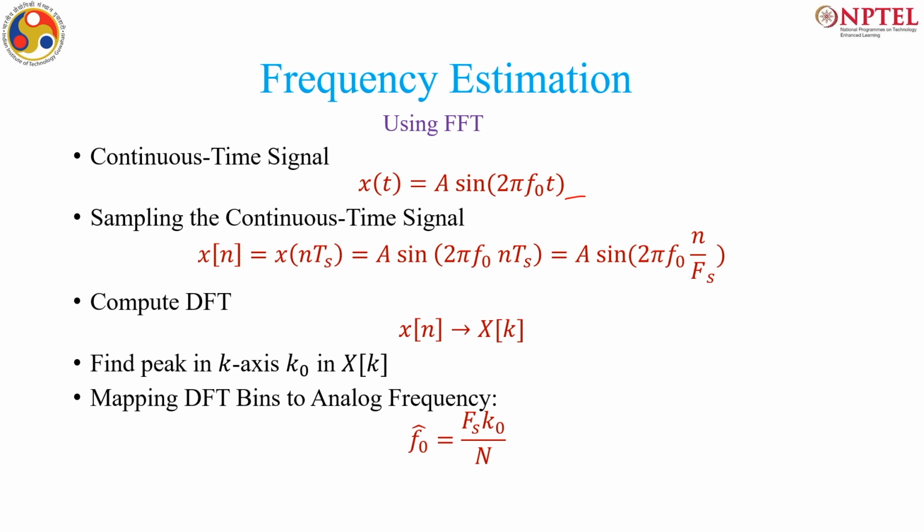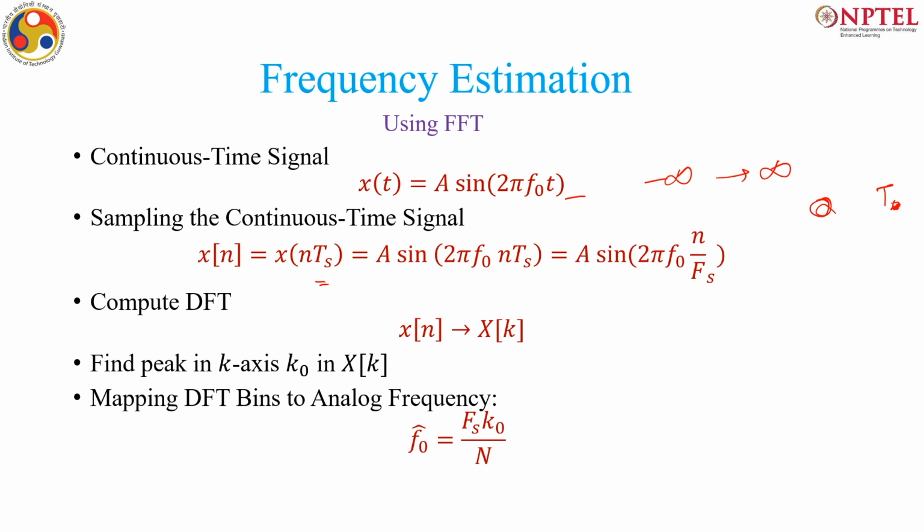Theoretically this spans negative infinity to positive infinity, but we will consider a window from 0 to some value T, and then we are sampling this with sampling duration Ts.